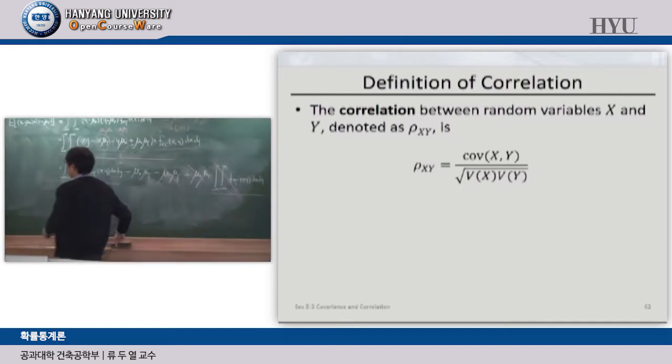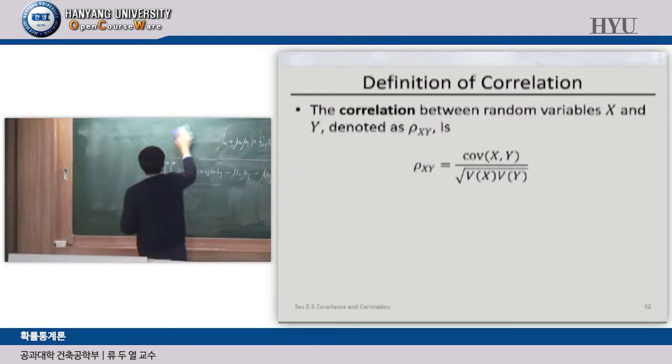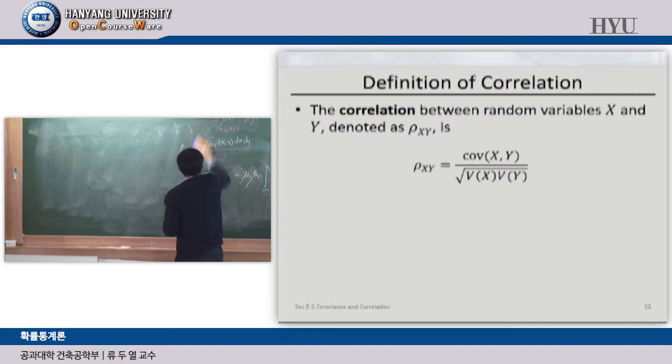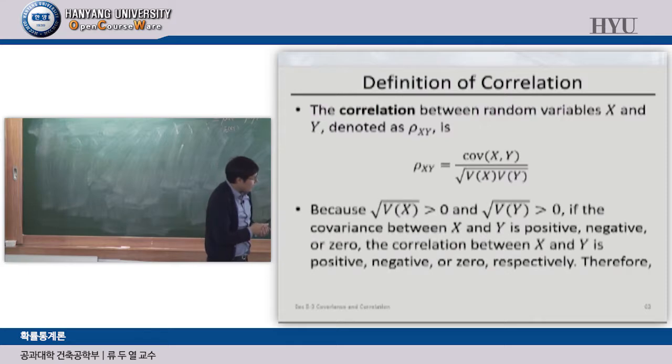And for the correlation, we have special cases. Because of the square root, the marginal variance of x should be larger than 0, right? And also the variance of y should be larger than 0, okay? If the covariance between x and y is positive, negative, or 0, the correlation between x and y is also positive, negative, or 0 respectively.